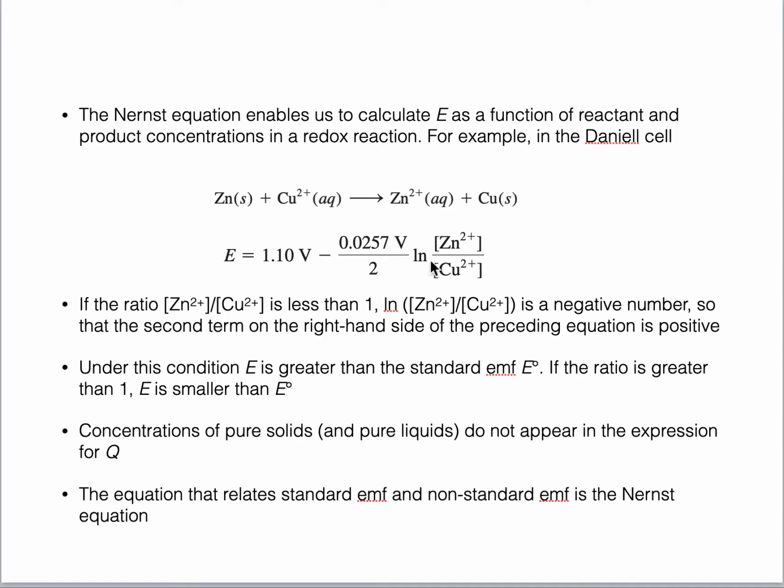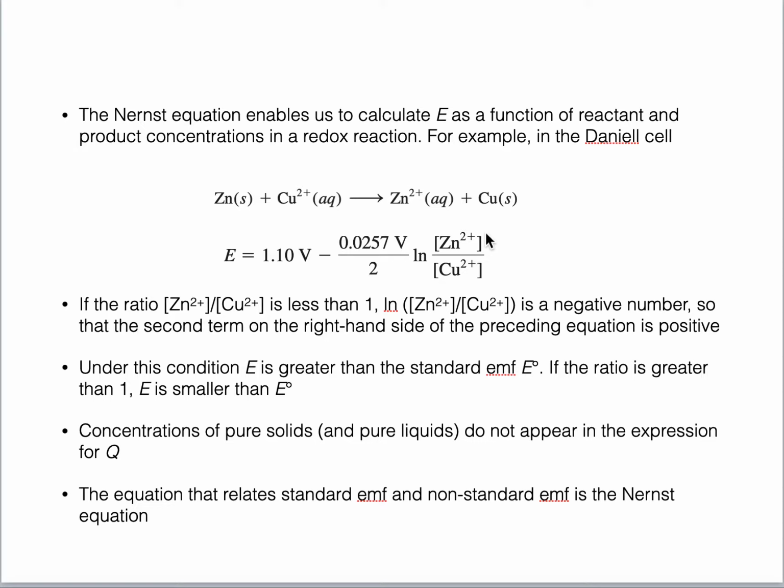Then natural log of Q. For Q, in the numerator we put the products, which are zinc 2 plus and copper solid. But you see here that we have not written copper solid. Why? Because the concentrations of pure solids or pure liquids are ignored.